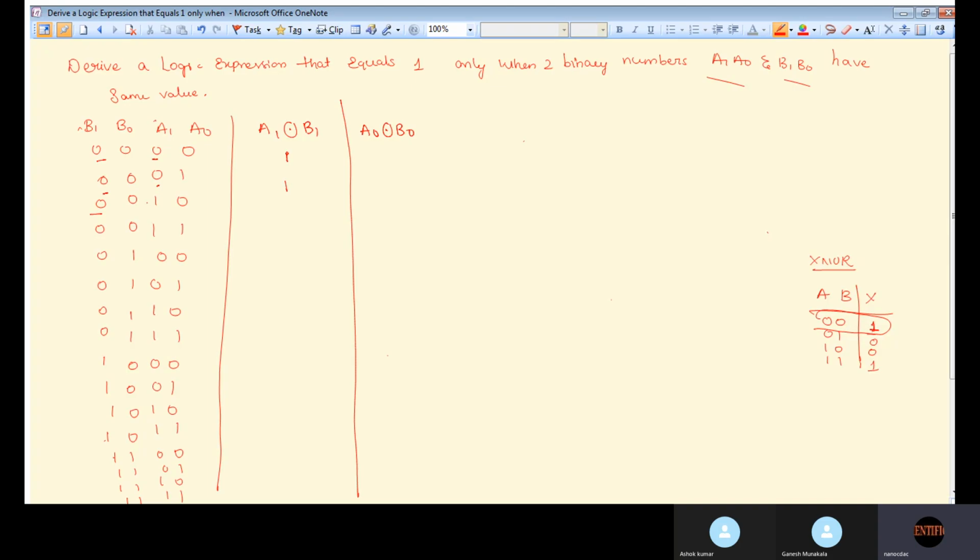Where A1 is not equal to B1, 0. A1 not equal to B1, 0. A1 equal to B1, 1. A1 equal to B1, 1. The other cases not equal, 0. So you will get these outputs.